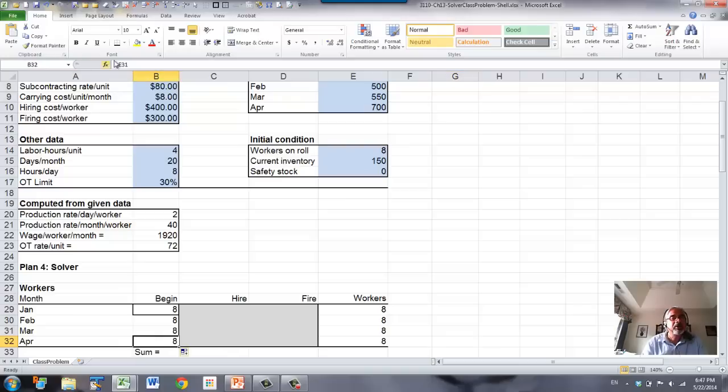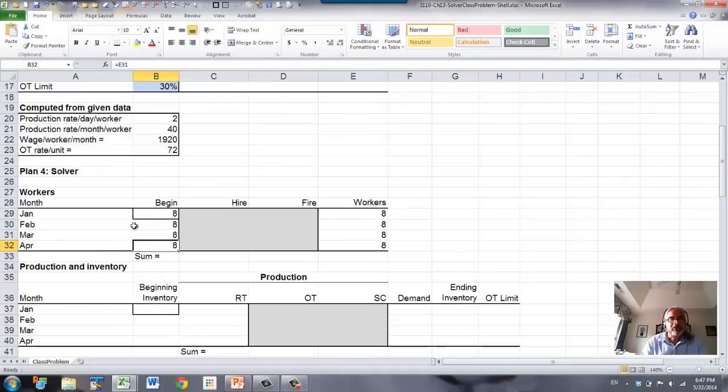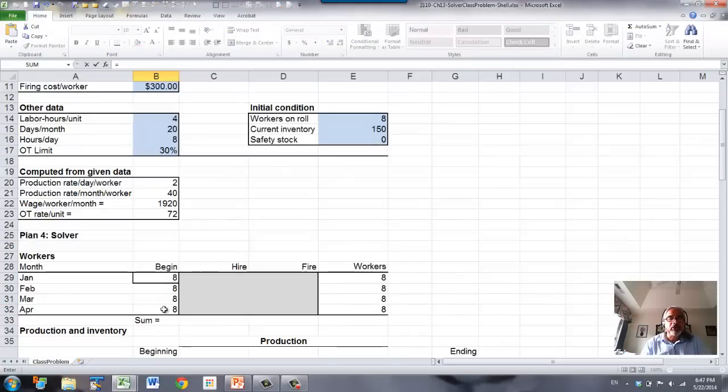Now again, put the border back. So that sets up our initial table, or the first table, the workers table. The second is the inventory table, or production inventory table. Our beginning inventory is our current inventory of 150.